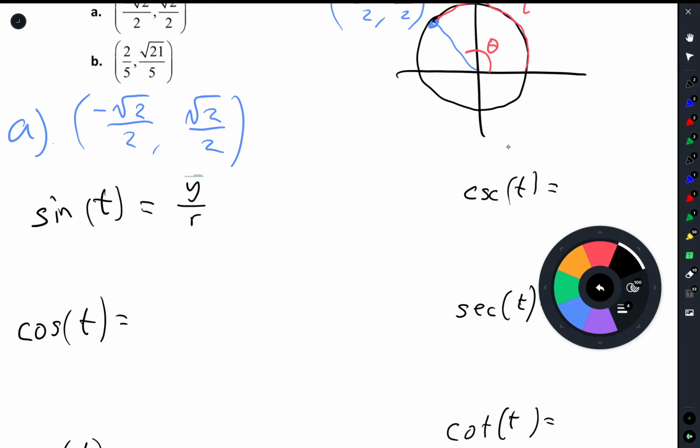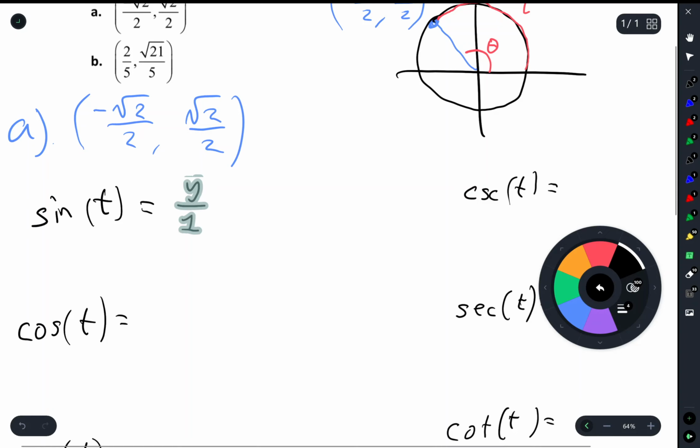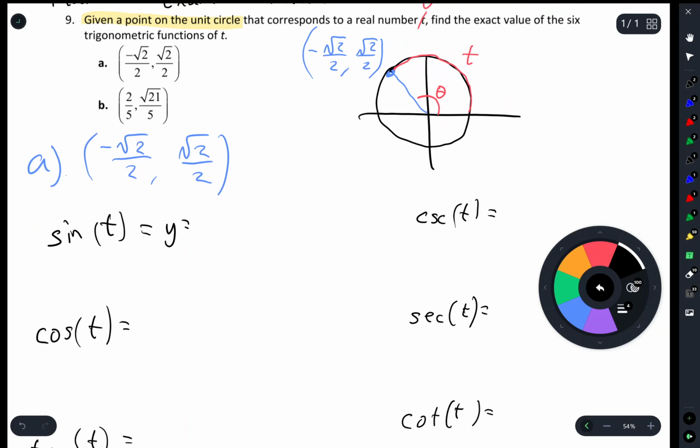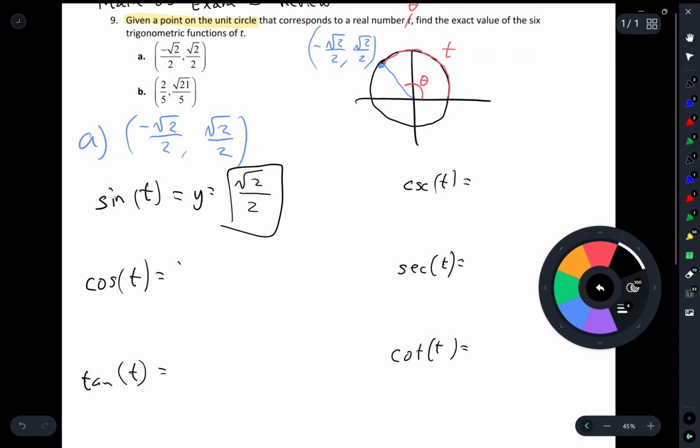But because we're on a unit circle, and a unit circle has a radius of 1, we can just simplify this to sine of t equals the y coordinate of that coordinate pair. In this case, our coordinate pair is negative root 2 over 2, comma root 2 over 2. The y is root 2 over 2, and that's it. Cosine will of course be the x coordinate. In general, it's x over r, but on a unit circle, it's just x. And that's negative root 2 over 2.